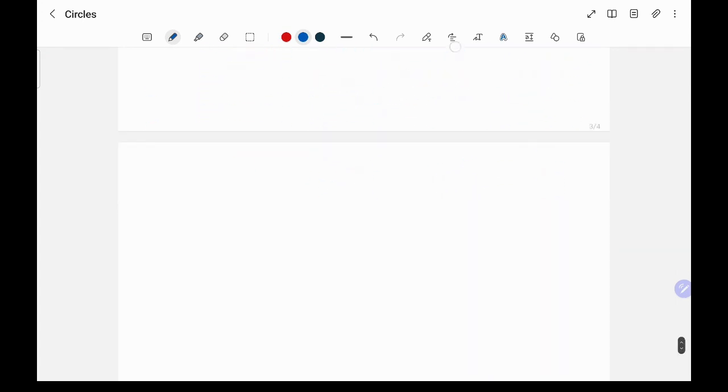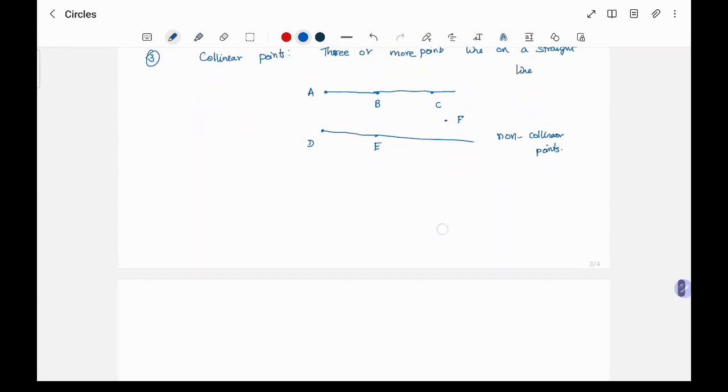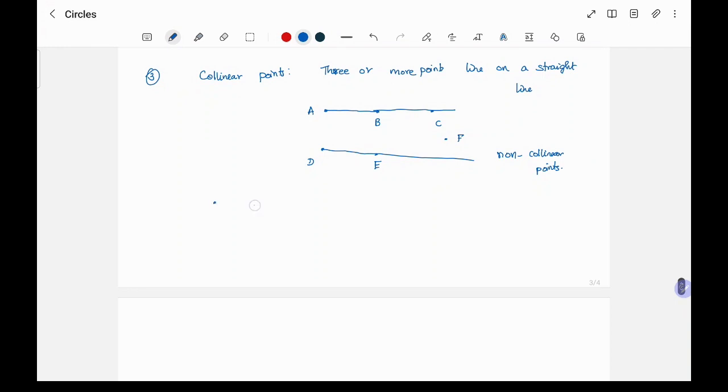Correct. So now, if there are three or more collinear points, so they all lie on a single line, we cannot draw a circle passing through all of them, right?